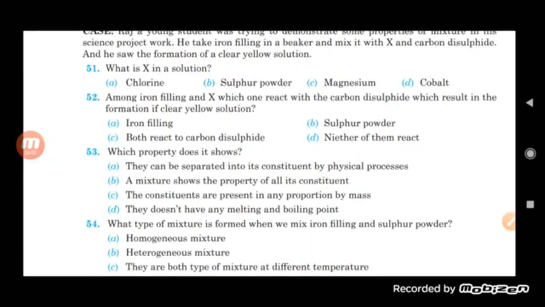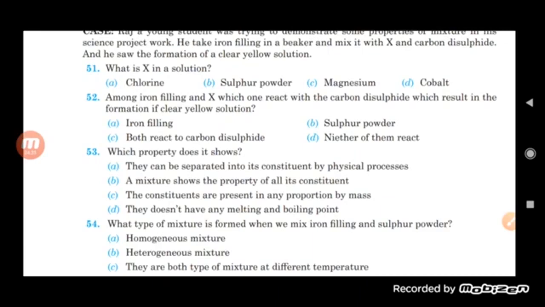Okay, so here you will find what is the property of the mixture from this. Student, we will see here that a mixture shows the property of all its constituents. Although we know that it can be separated by the physical process, yes, but by this reaction, by this method, we have understood that the property will be retained in it.